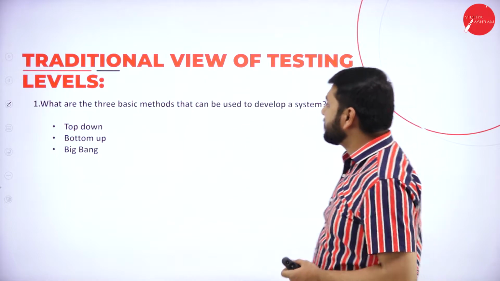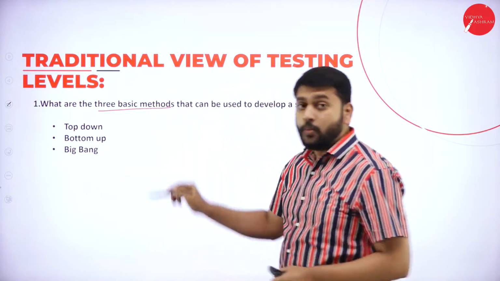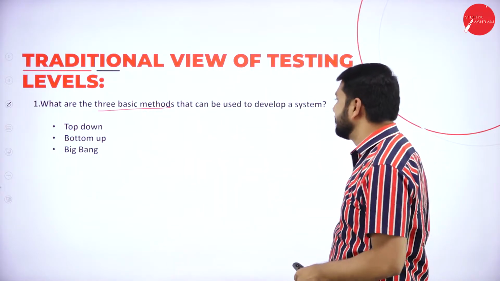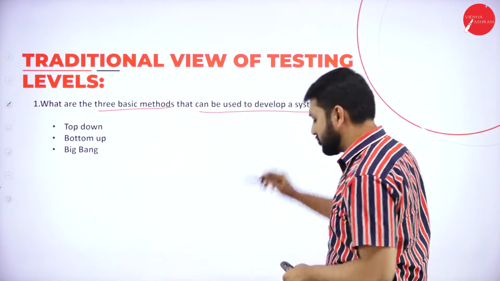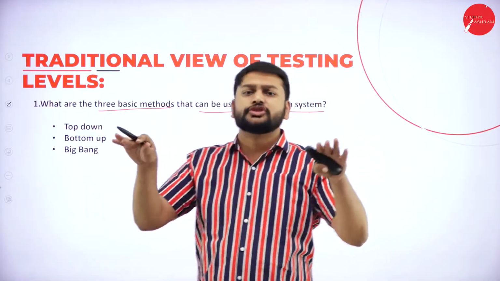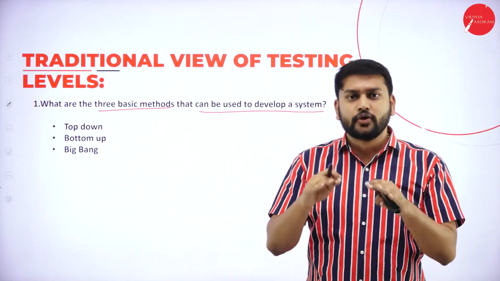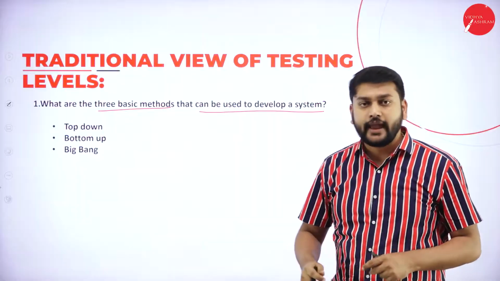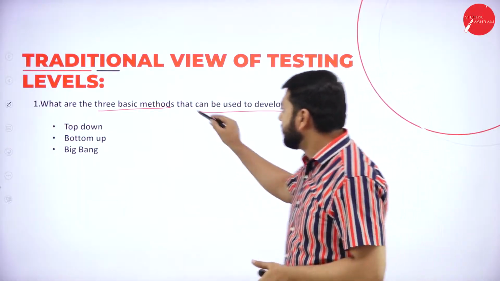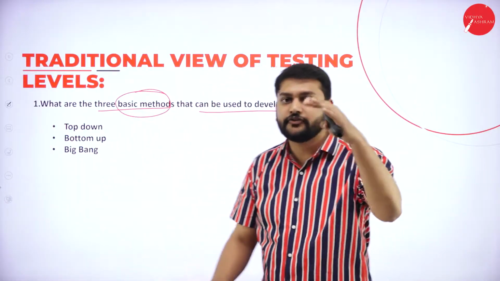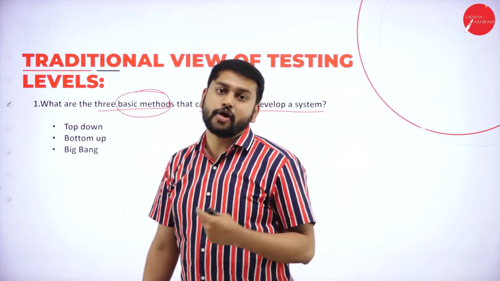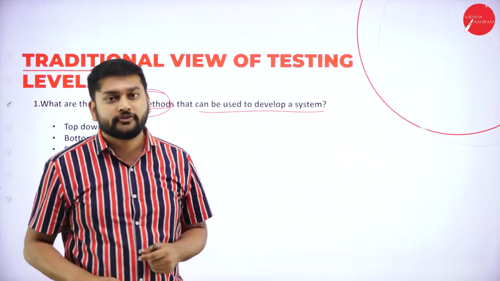What are the three basic methods that can be used to develop a system? This is a generalized question. Before we select the models, we go to this particular question and we discuss the basic methods. What are the three different basic methods that we adopt to develop any software?